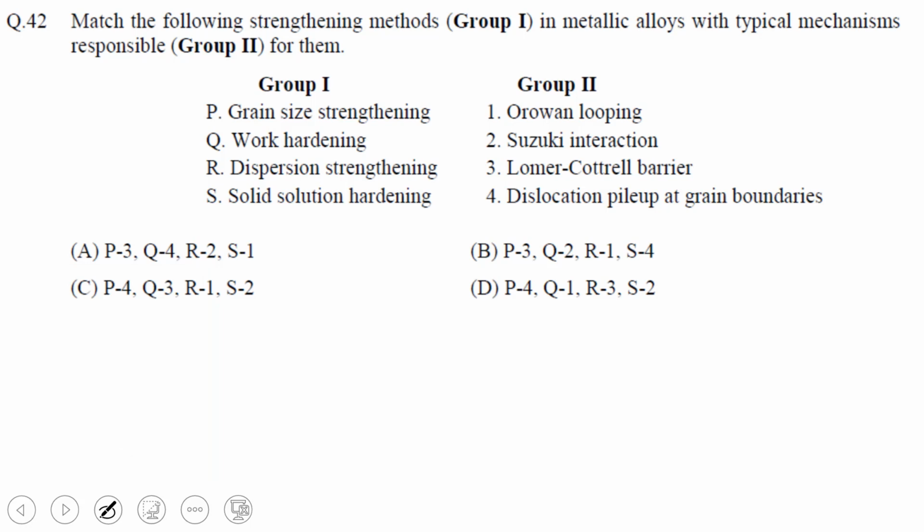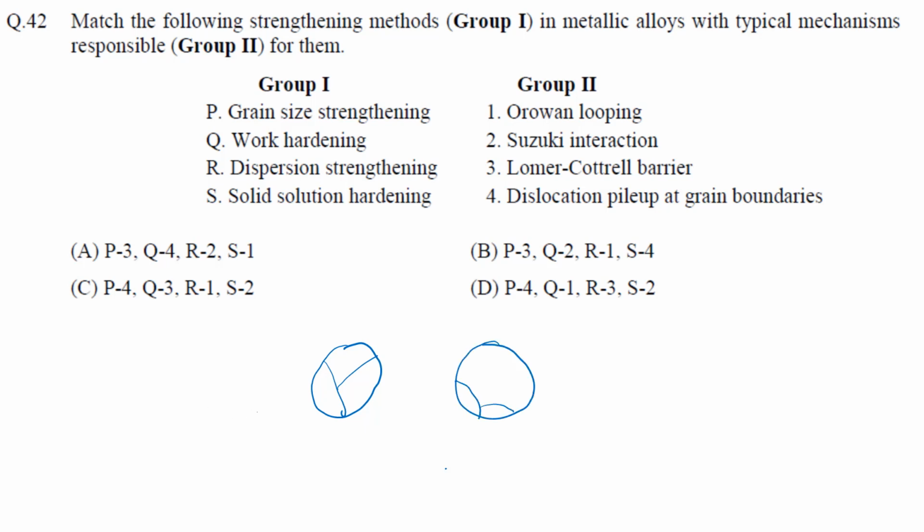Now, first is grain size strengthening. That means when we decrease the grain size, the strength increases. So why does it increase? Suppose this is the initial grain size, and we have decreased the grain size. So what happens?